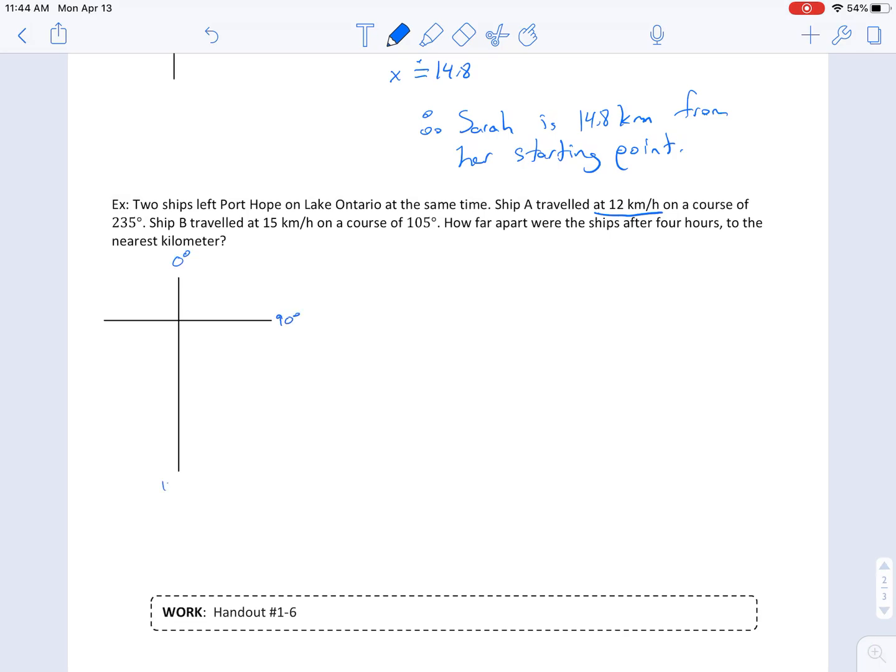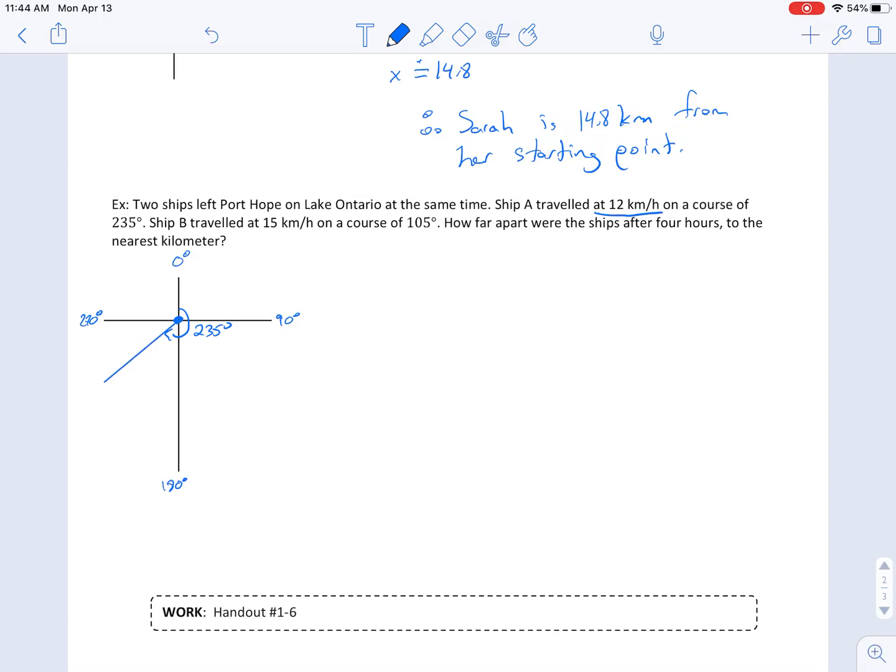So let's draw in 235. Remember, this is 0 degrees up here, 90, 180, and 270. It can be confusing because that's the opposite of what we would have seen before when dealing with angles in standard position. So 235 is going to be somewhere around here.